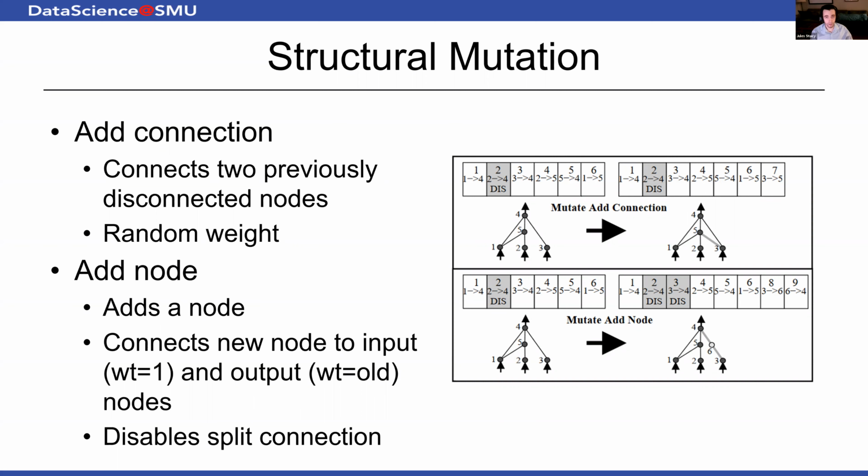These input and output weights are then updated on the next step. As shown in the bottom example, node 6 is added, and then a connection is made from node 3 to node 6 and node 6 to node 4, and then the connection from node 3 to node 4 is disabled.